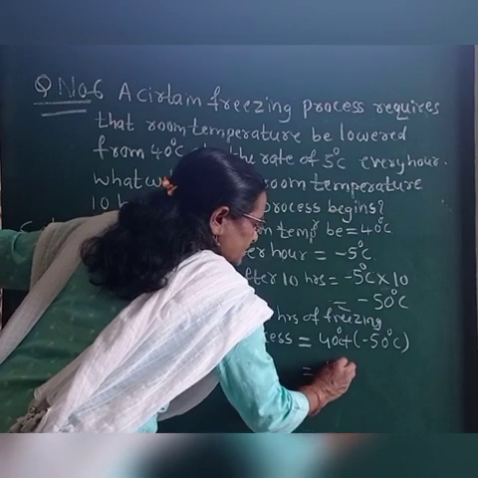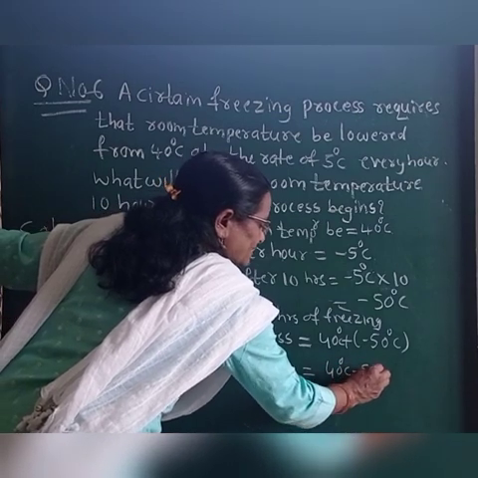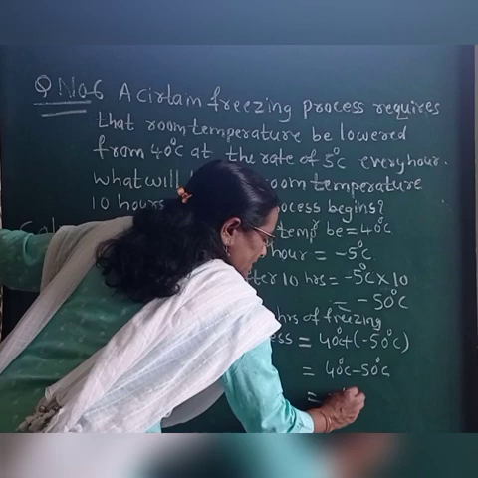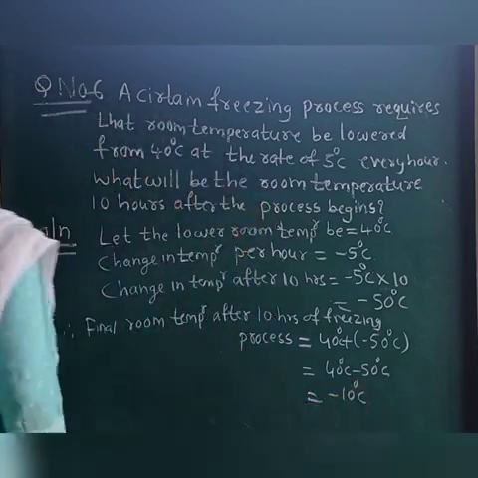Now 40 degrees Celsius minus 50 degrees Celsius gives minus 10 degrees Celsius.